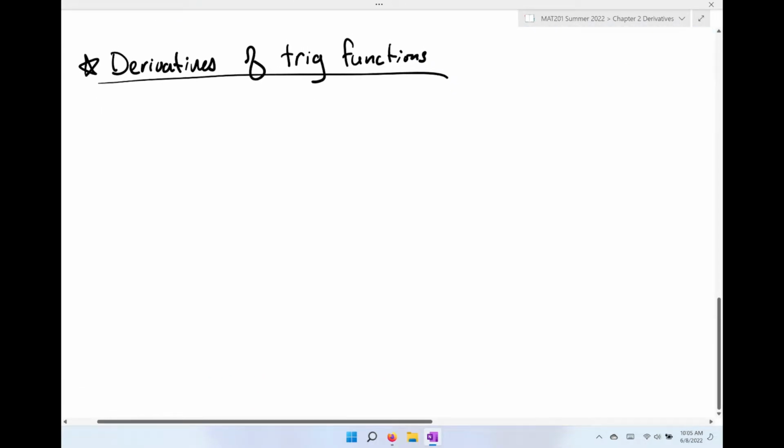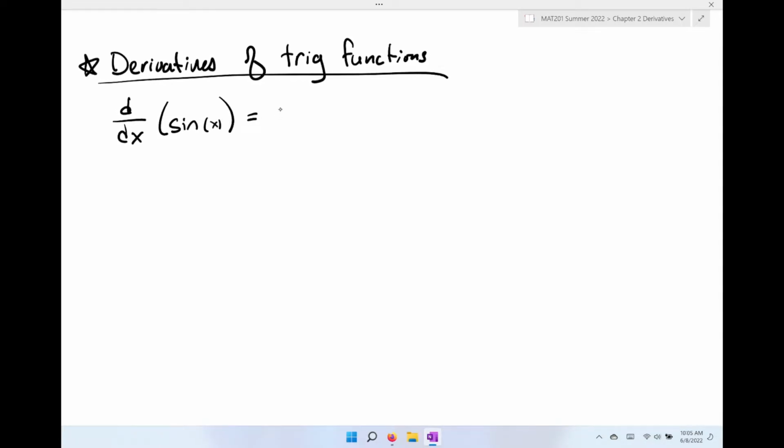The derivative of sine x is equal to cosine x. We just verified that. Now, the derivative of cosine x is negative sine x. Like I said, all you have to do is graph it, and you will visually be able to see that.